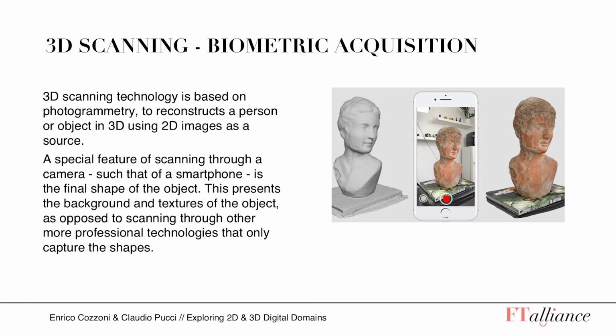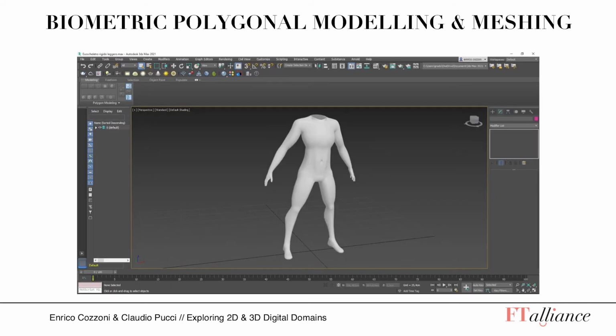So everything starts from a 3D scanning, from a biometric acquisition. The biometric acquisition is imported into our digital environment. In this case, again, we have used 3D Studio Max.